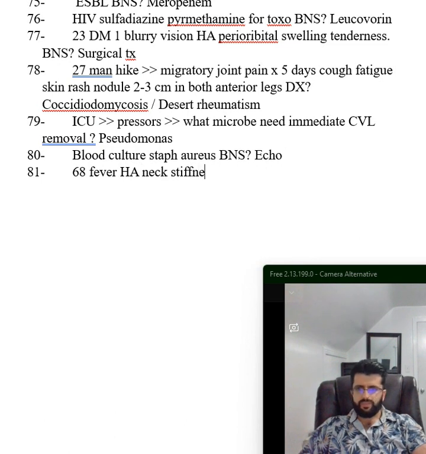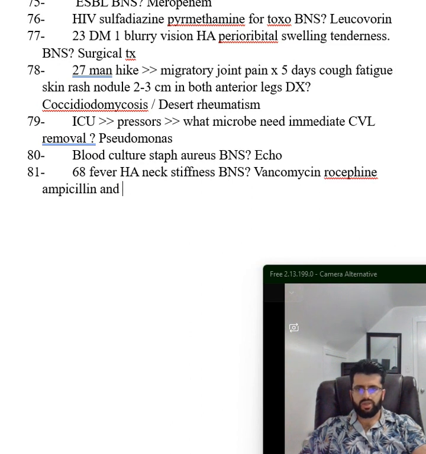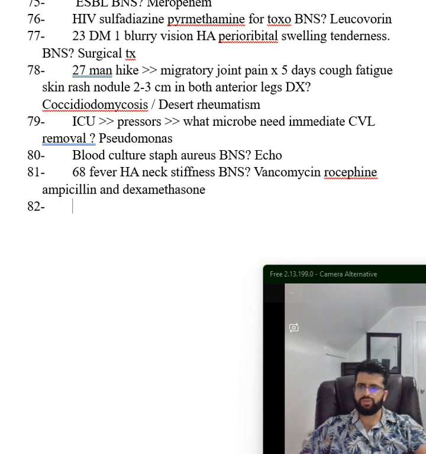Okay, so how do you treat that patient who is above 65, above 50? What is the best next step? So treatment is vancomycin, Rocephin, ampicillin, and dexamethasone. You see, four drugs you have to start.